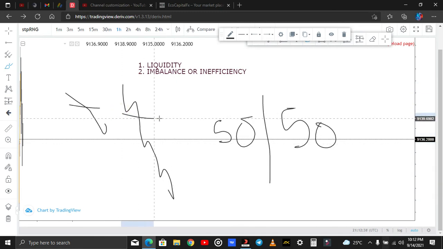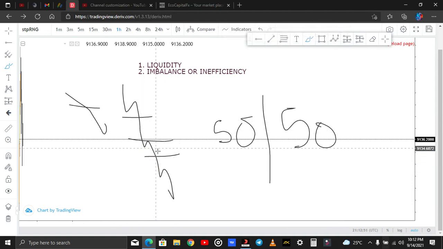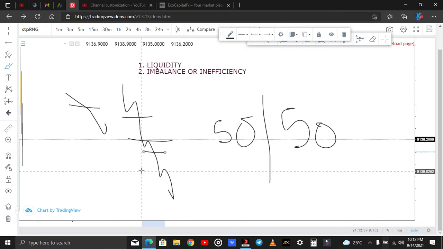Now can you see here, there was inefficiency here. Price was inefficient here because there was just pure selling pressure here. Here also there was pure selling pressure. From here to here, the only place there's a wick is inside here.